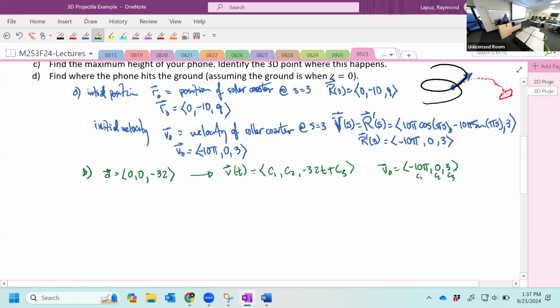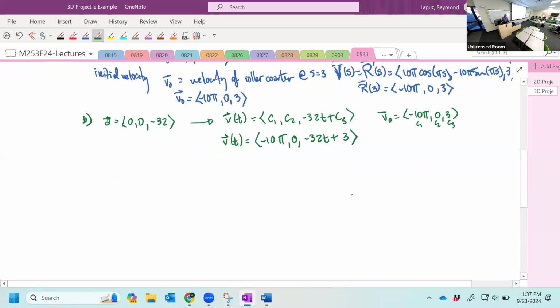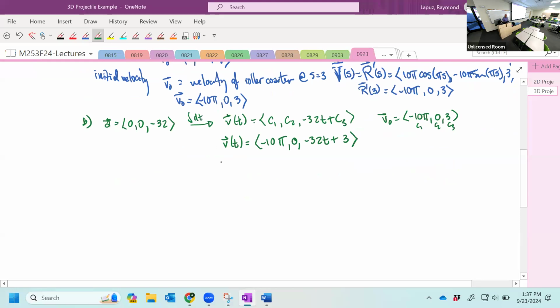So your velocity function will equal negative 10 pi comma 0, comma negative 32t plus 3. All right, so this is an integral step. Now we integrate again, and you get your position function.